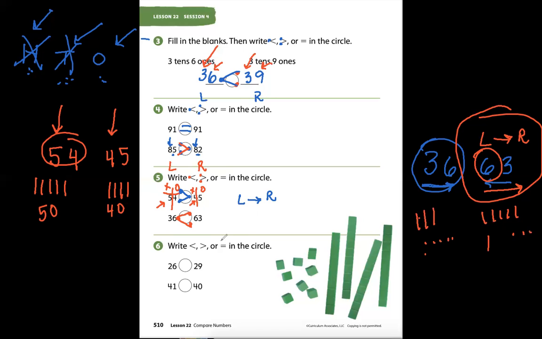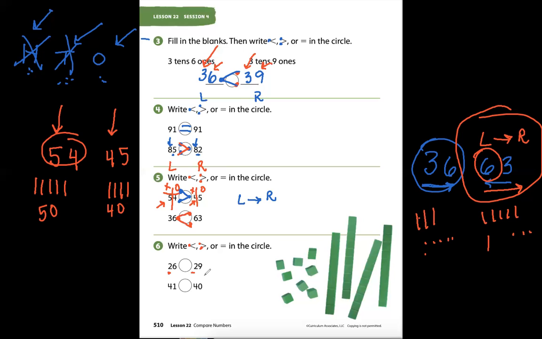The next problem. Number 6, write less than 1 dot, greater than 2 dots, or equal in the circle. 26, 29. Ooh, 2 tens and 2 tens.